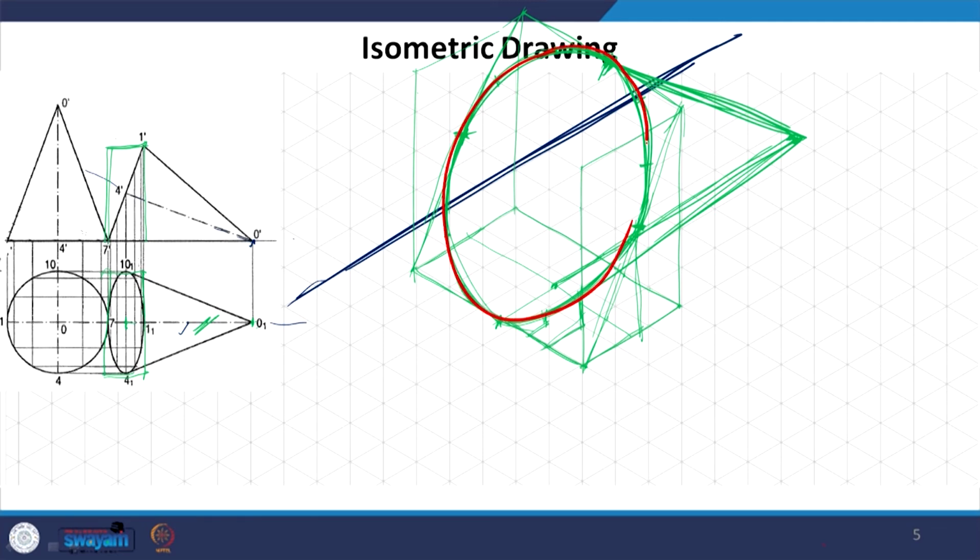So, if you look at this, this is the slant joining the apex. Very simple. And you can also arrive at the axis, which is this line joining the apex to its projection point in the base.